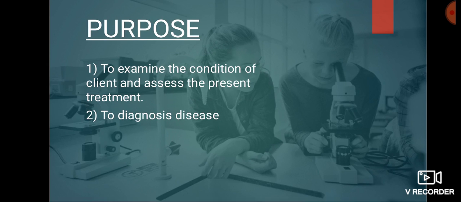Next, purpose: to examine the condition of the client, assess the present treatment, and to diagnose disease.